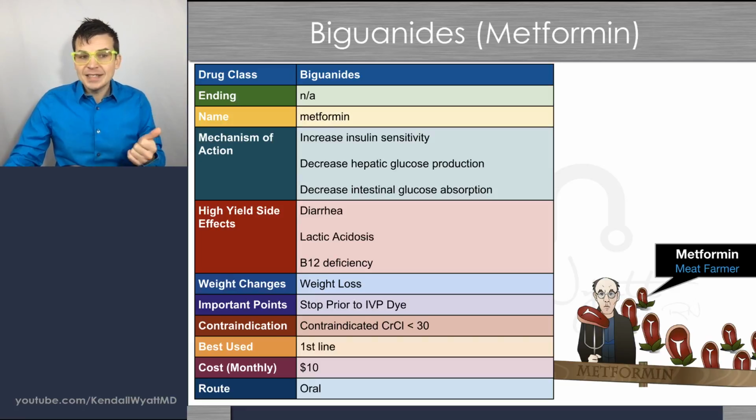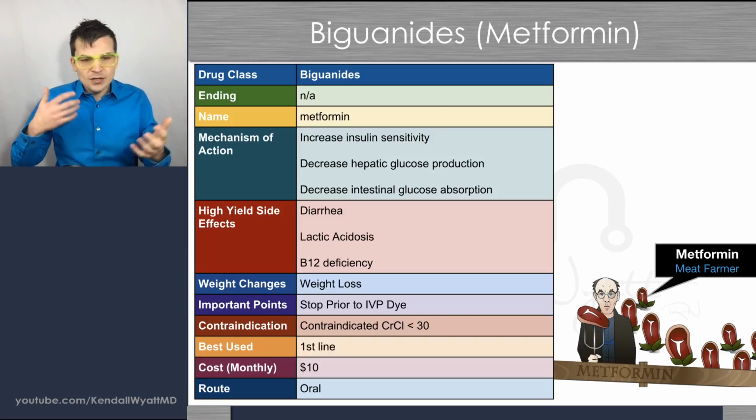The other thing is lactic acidosis. Now, lactic acidosis is important because one, it's deadly. But the other thing is it works with the mechanism of action. So if you remember that metformin decreases hepatic glucose production and increases insulin sensitivity, well, one of the ways it does that is shunting something called pyruvate into lactate. Well, lactate causes lactic acidosis.